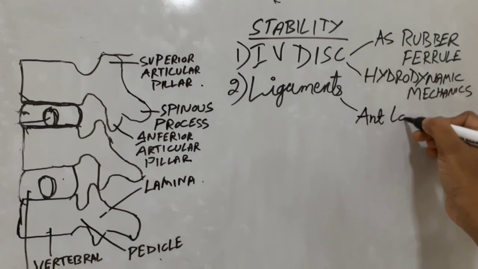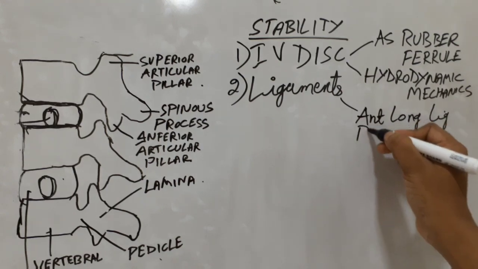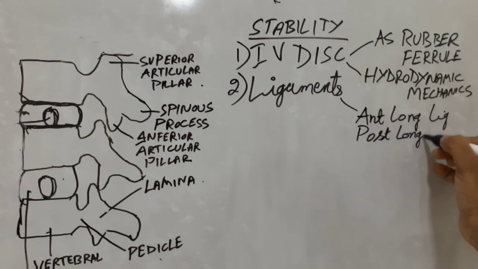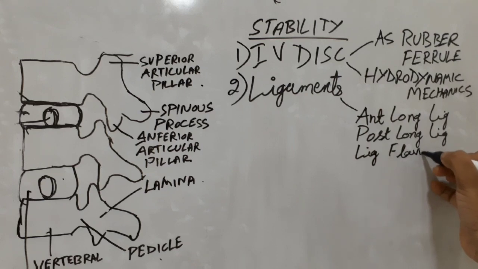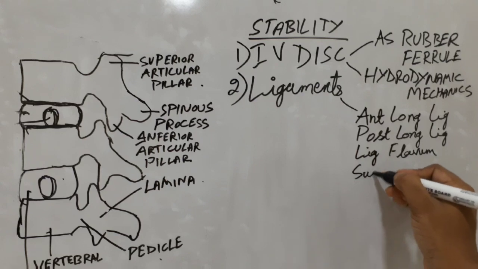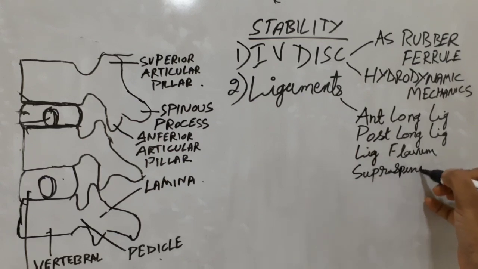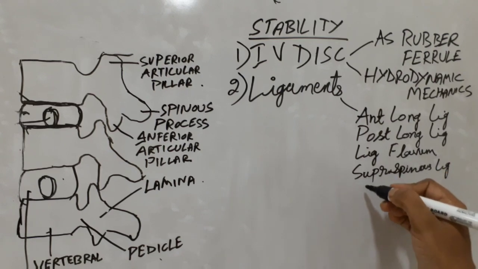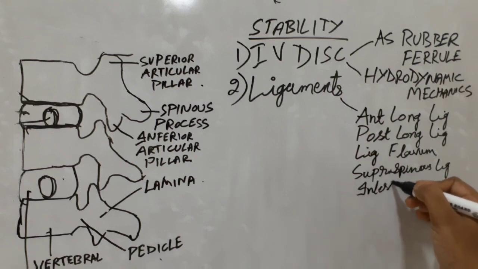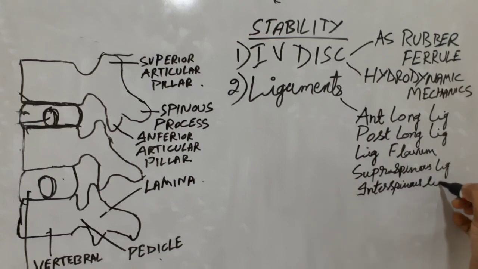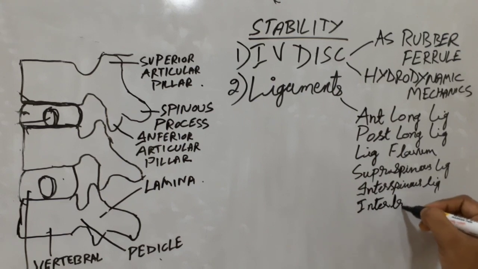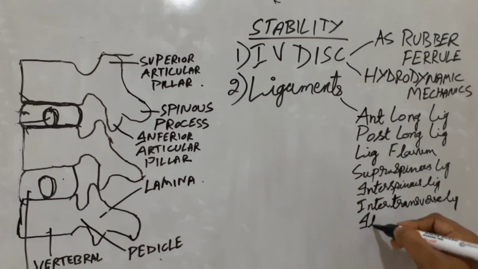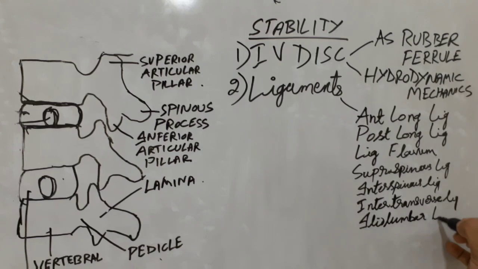Anterior longitudinal ligament, posterior longitudinal ligament, ligamentum flavum, supraspinous ligament, interspinous ligament, then you have intertransverse ligament, and then iliolumbar ligament.